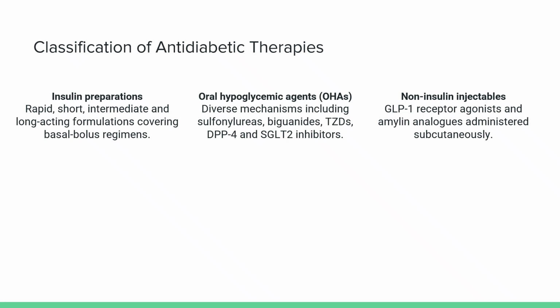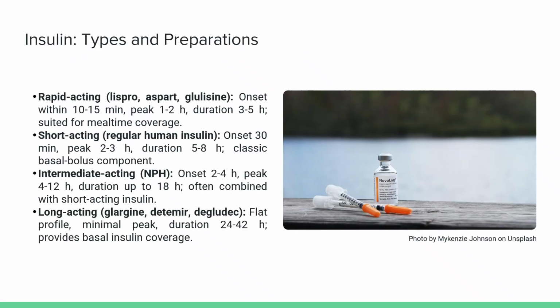In the case of oral hypoglycemic agents, diverse mechanisms including sulfonylureas, biguanides, thiazolidinedione derivatives, DPP4 and SGLT2 inhibitors have been used. In the case of non-insulin injectables, GLP-1 receptor agonists and amylin analogs are administered subcutaneously. So these are the main three therapy methods in the case of anti-diabetic agents.